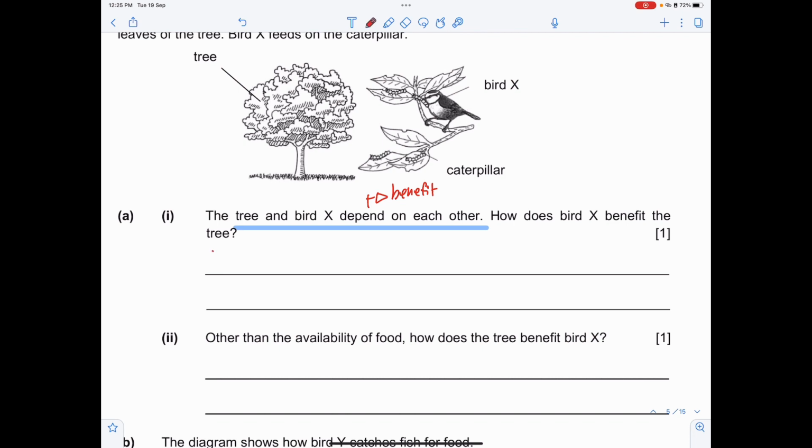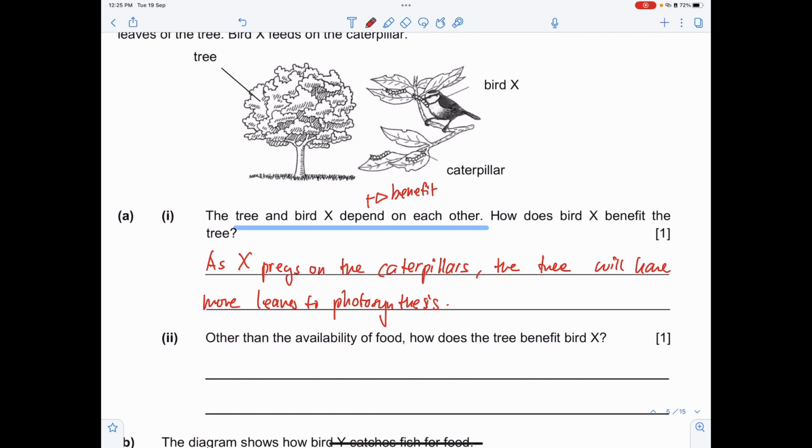So as the bird preys on the caterpillars, the tree will have more leaves to photosynthesize.